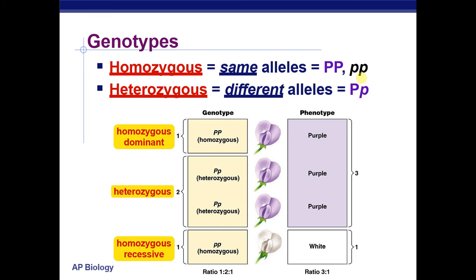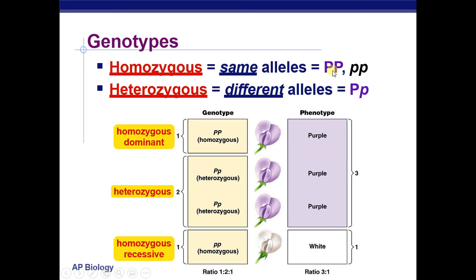All right. So, extending the idea a little bit farther. We said that true breeding means having 2 of the same allele, 2 dominant or 2 recessive. The genetics word we use for that is homozygous. Homozygous, meaning the same alleles, 2 dominant or 2 recessive.